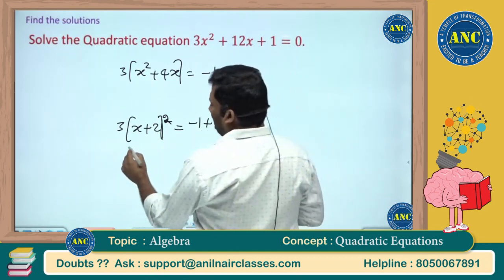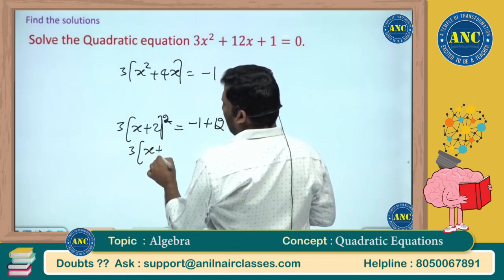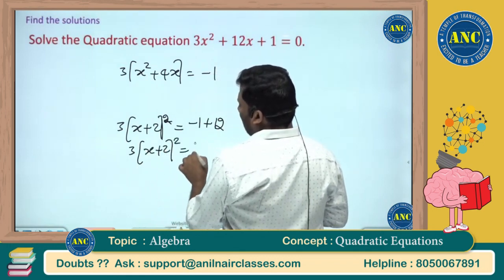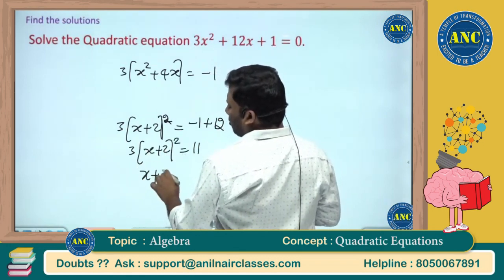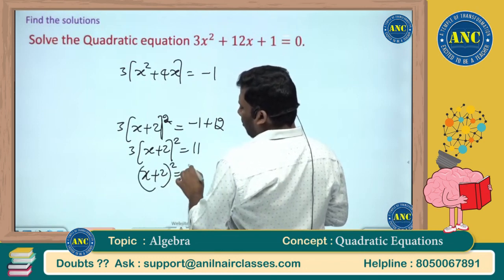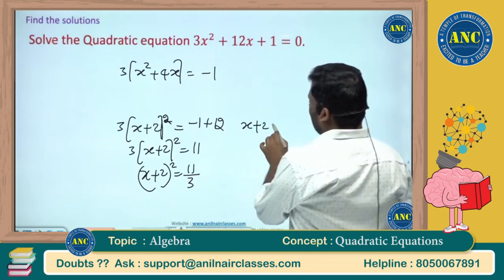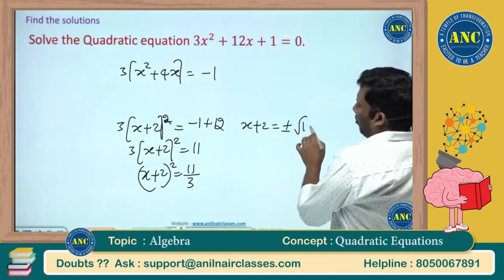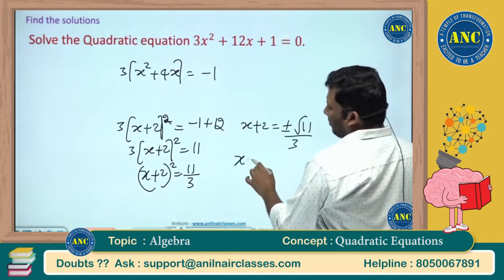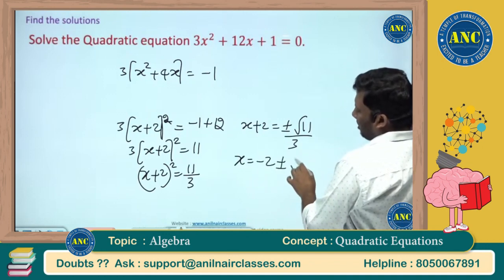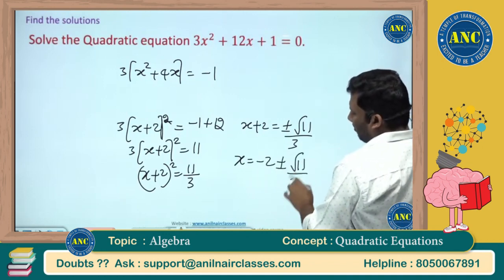So this will be 3 into (x plus 2) whole square equivalent to 11. (x plus 2) whole square equivalent to 11 by 3. So x plus 2 will be plus or minus root 11 by 3. So x will become minus 2 plus or minus root 11 by 3.